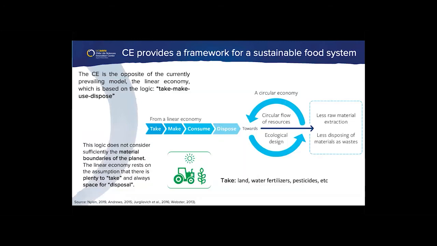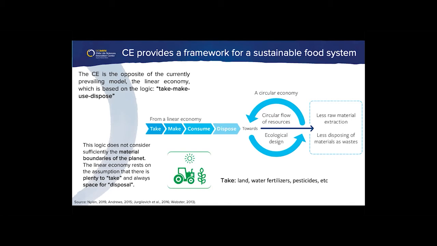As I just mentioned, circular economy today provides a framework to achieve these sustainability goals within the food system. And as we have been learning during this ISSST, the circular economy is the opposite of the current prevailing model, the linear economy, which is based on take, make, use, and dispose. But most important, for the agri-food sector, this logic of the linear economy is not sustainable in the future, because it doesn't consider the material boundaries of the planet.